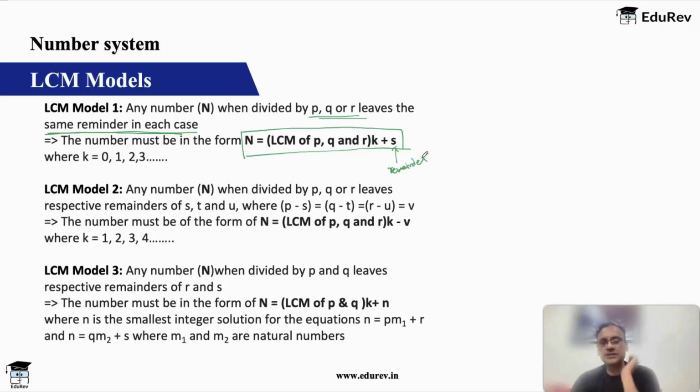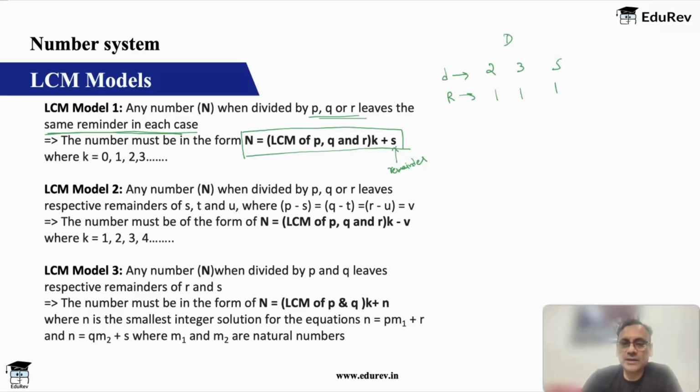For example, let's take an example and understand. When a number is divided by, let's say, 2, 3 and 5. So this is the divisor. My remainder is 1 in each case. Okay. I have to find the dividend.